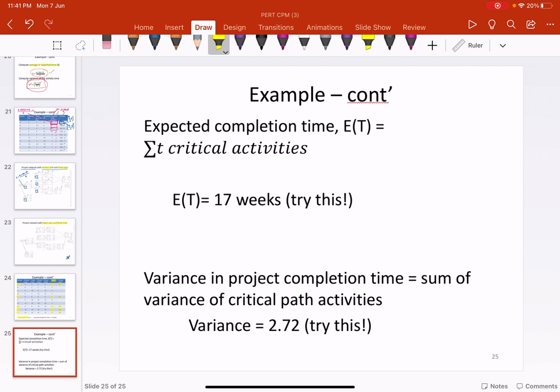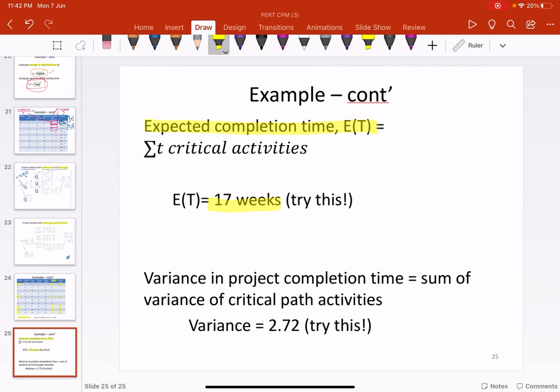Then, one of the famous questions that will be asked will be something like, what is the expected completion time? So the expected completion time will be 17 weeks.